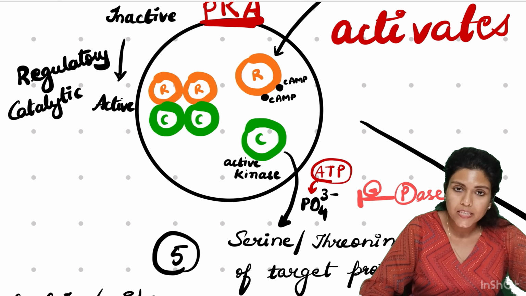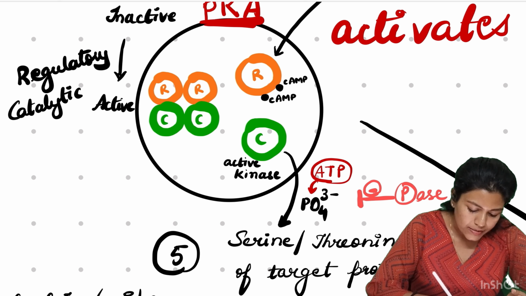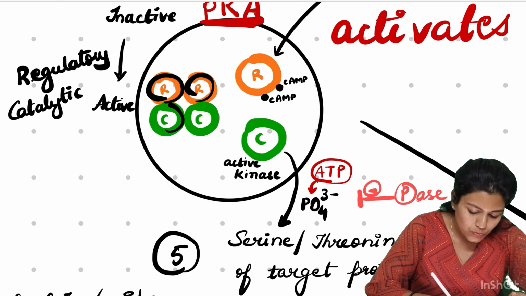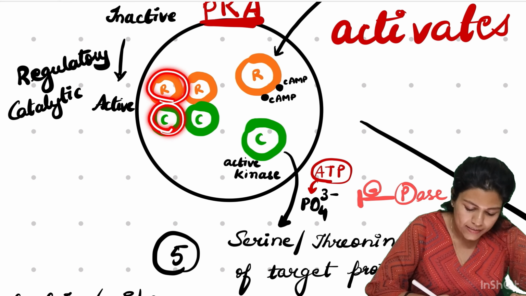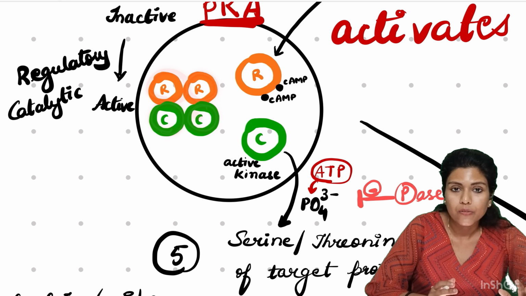In the inactive state, whenever the PKA is inactive, there are two R's and two C's which are bound to each other. The regulatory is bound to the catalytic. It is in the bound state, inactive.